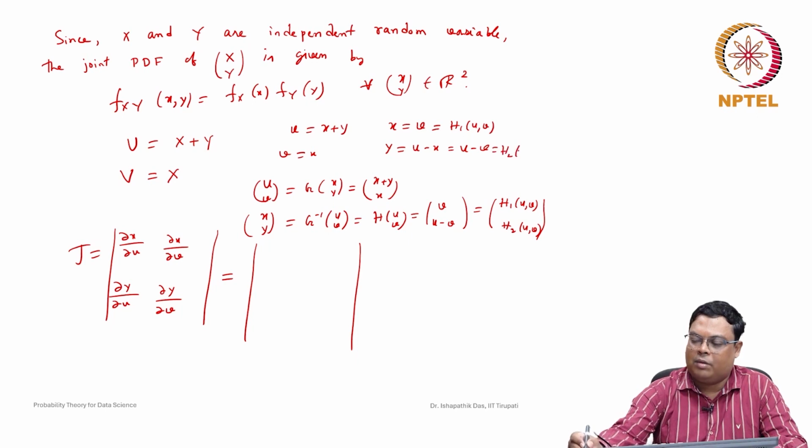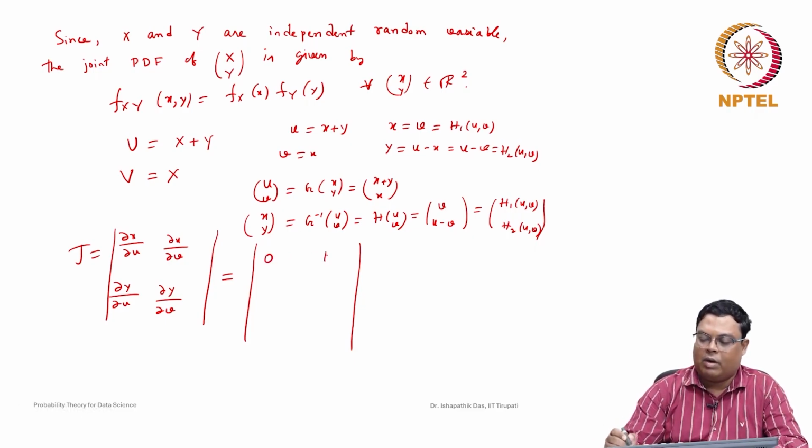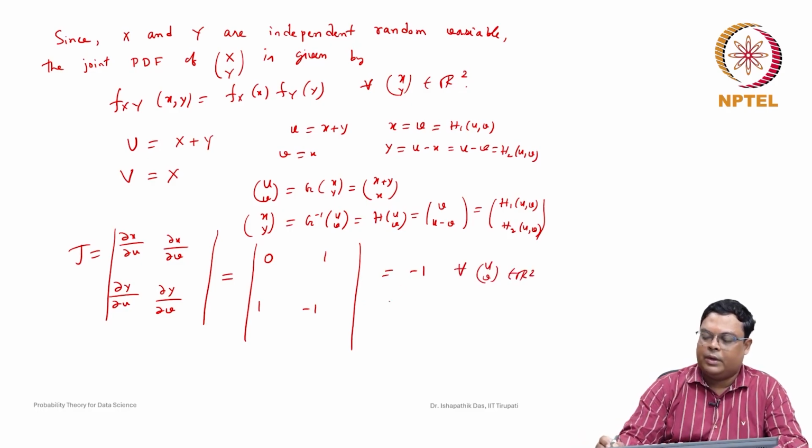So now del x del u will be 0 because it is independent of u, del x del v will be 1, del y del u will be 1 and del y del v will be minus 1. So the determinant will be minus 1 for all (u, v) belonging to R2.